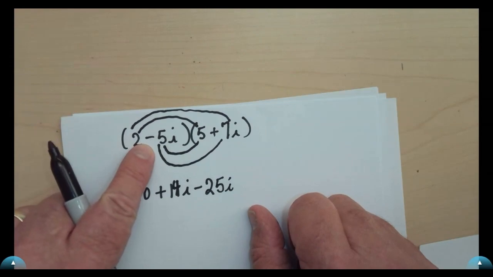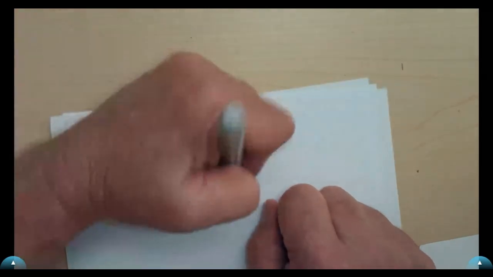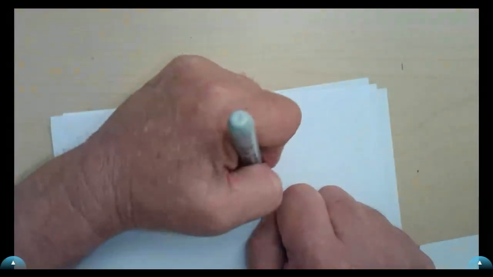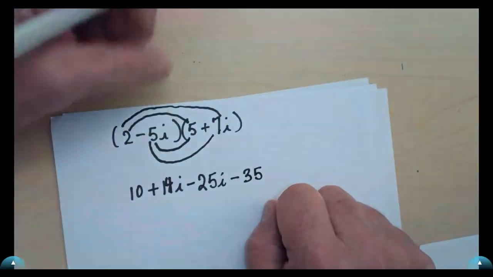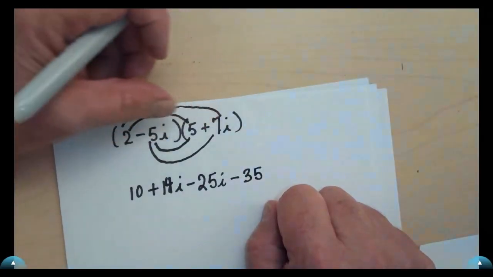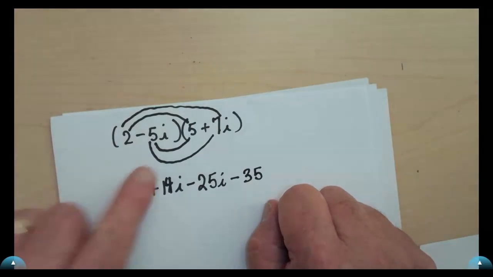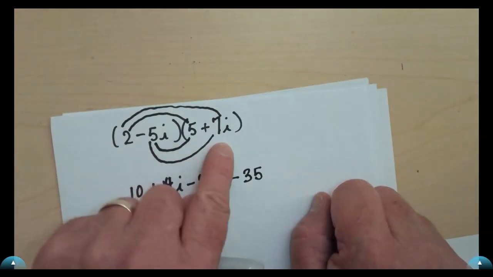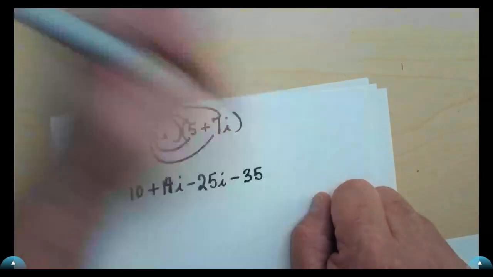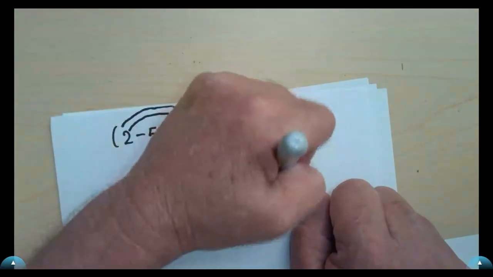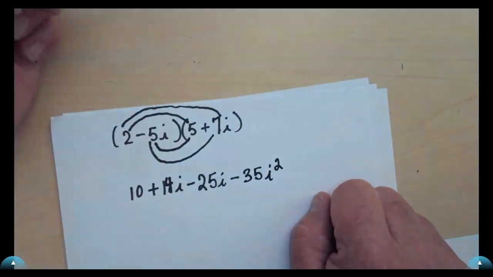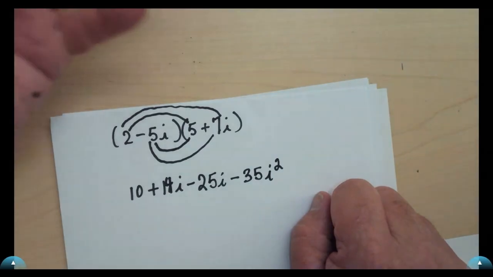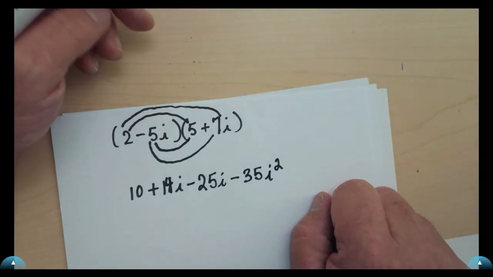Negative 5 times positive 7 is negative 35, but don't forget we also have i times i, which is i squared. What is i squared equal to? I squared is negative 1.